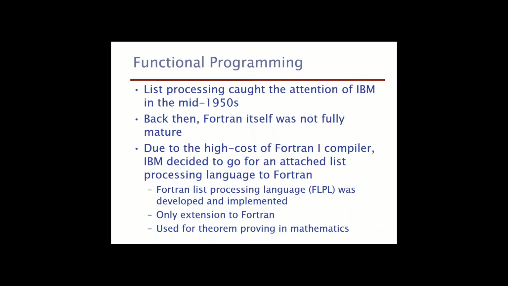They extended its capability and called it Fortran List Processing Language, FLPL. It was just an extension to Fortran, and it was used for proving theorems in mathematics, because we speak about a programming language for functional use.